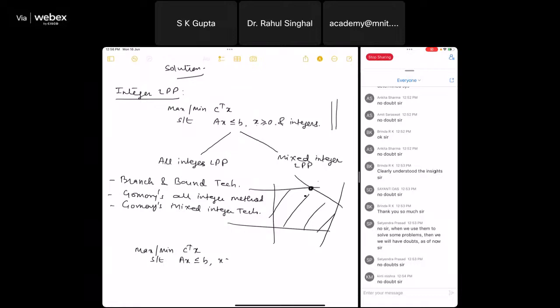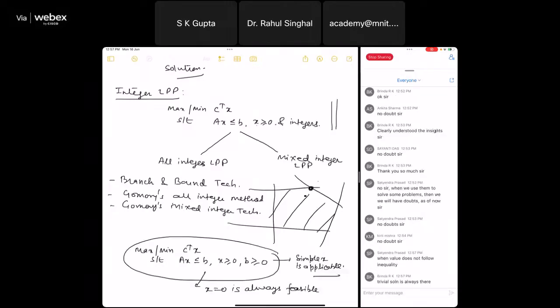Satinder, you see here, this is the problem. Yes, Brinda is right, the trivial solution is always there. So this trivial solution x equal to 0 is always there, hence the problem will never be infeasible. So we never have a case of infeasibility in simplex situations.